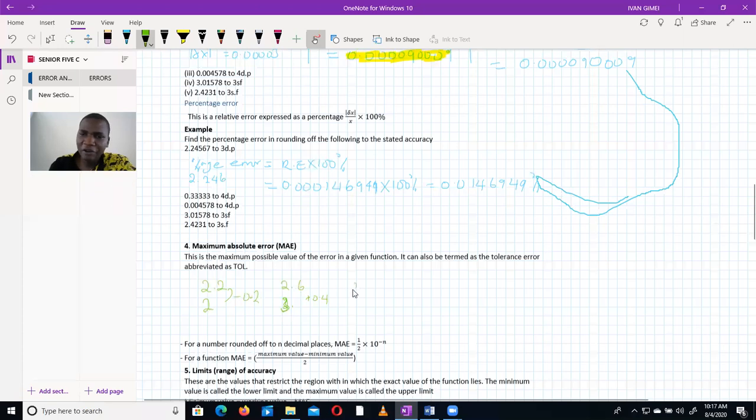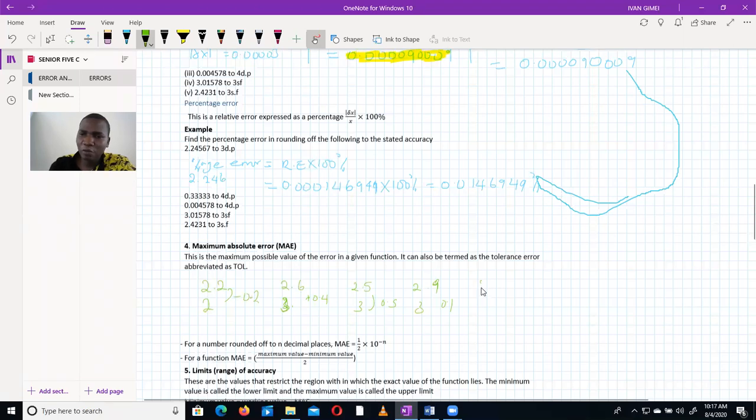If I have 2.5 and I round it over to 3, I'll have made an error of 0.5 because I've added 0.5. If I have 2.9 and I write it as 3, round it off to 3, I'll have made an error of 0.1.